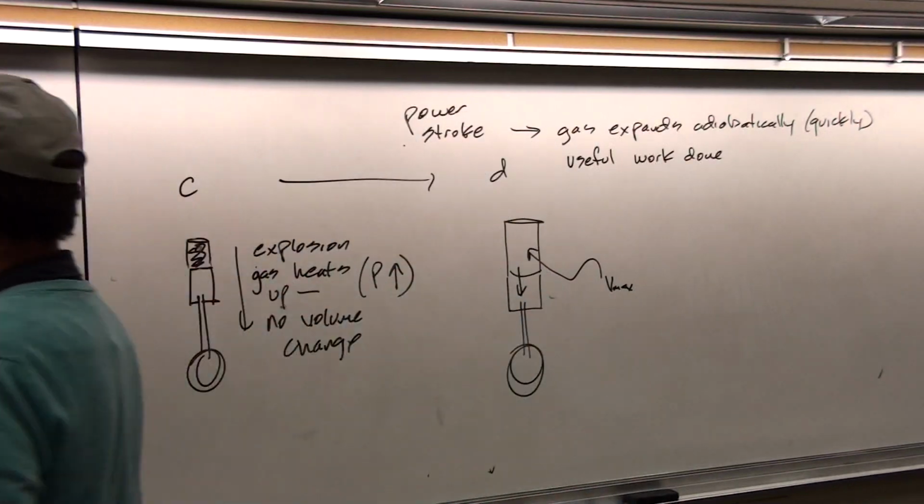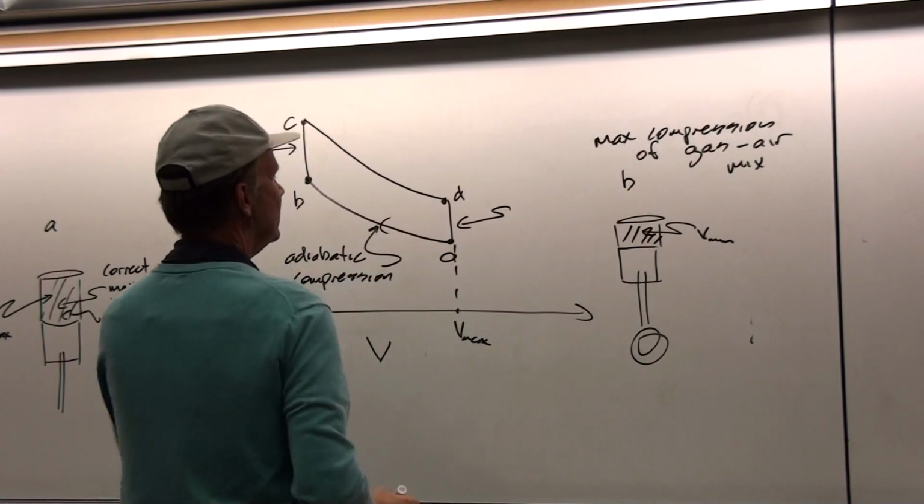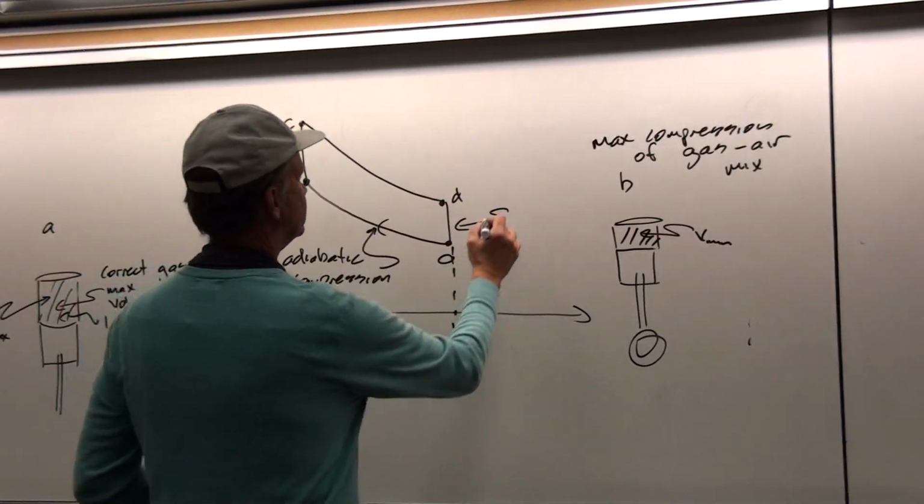Then we go from D back to A, and here the exhaust valve opens.